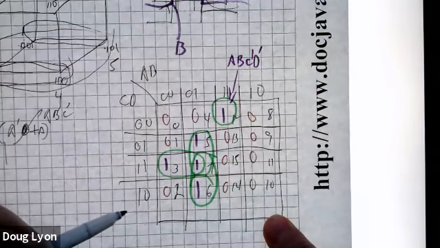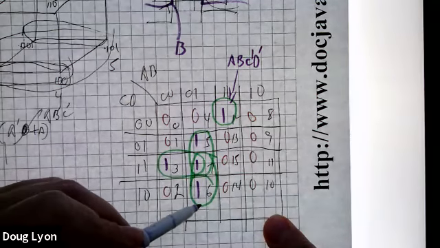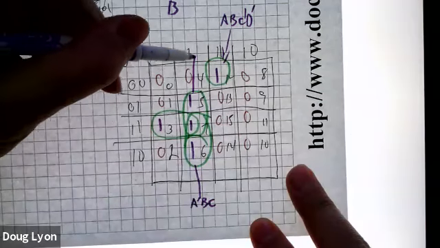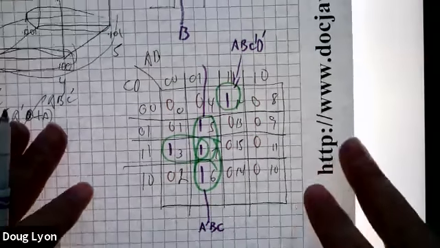Yep, that's exactly right. Want to take a stab at the 6-7 loop? Yeah. So that would be A prime B, and then it would be just C. Yep.